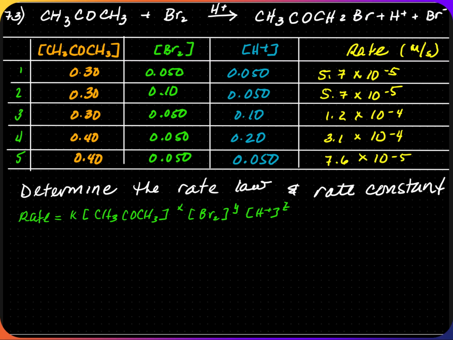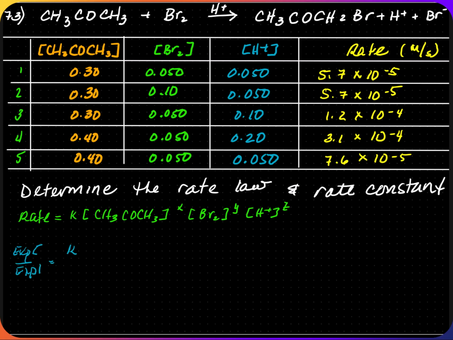So I'm going to use experiment 1 and 5 to solve for the first reactant. And I'm going to put experiment 5 on top to make it a larger number. So it's going to be experiment 5 over experiment 1.